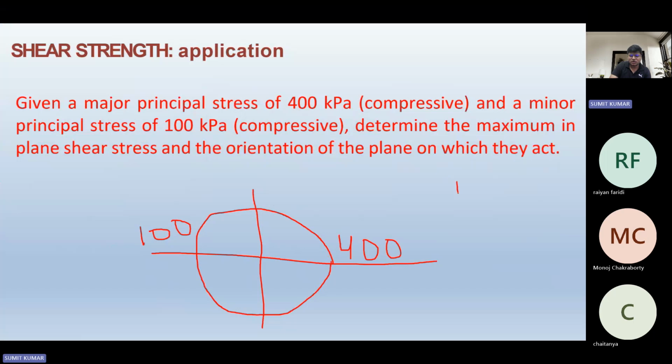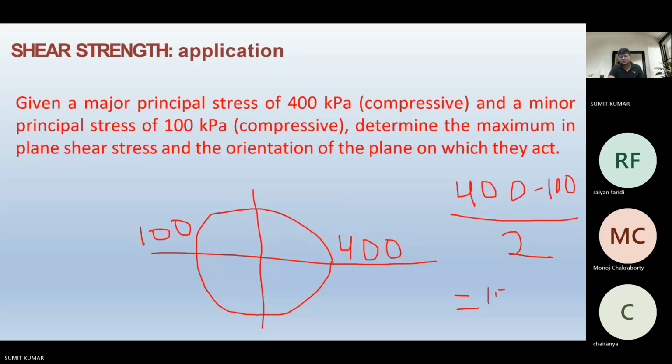We simply do 400 minus 100 divided by 2, because 400 minus 100 is the diameter of the circle. If we divide it by 2, it gets converted into the radius, and this radius is the maximum value of the shear stress that gets developed. So 400 minus 100 is 300, 300 upon 2 is 150.